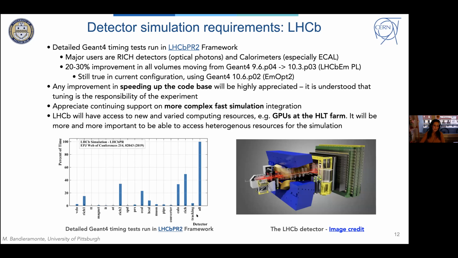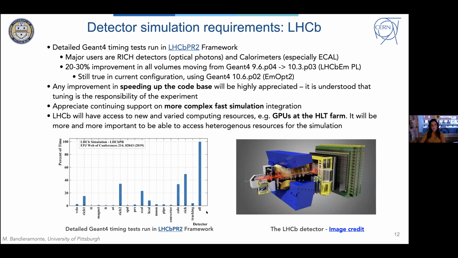For LHCb, one of the major hotspots are the RICH detectors, sorry, for optical photons, and the calorimeters. So for them, any improvement coming from Geant4 that can speed up the code base will be very important. They are also approaching new and complex fast simulation techniques, so they would appreciate from the Geant4 collaboration continuing support in this respect.